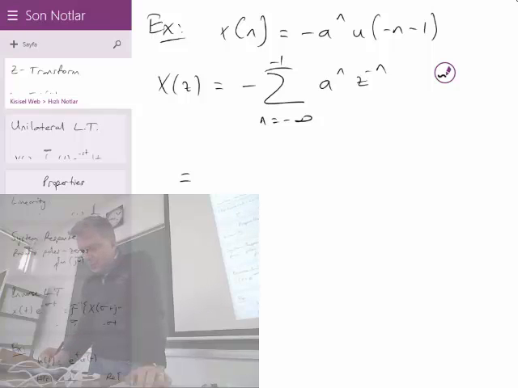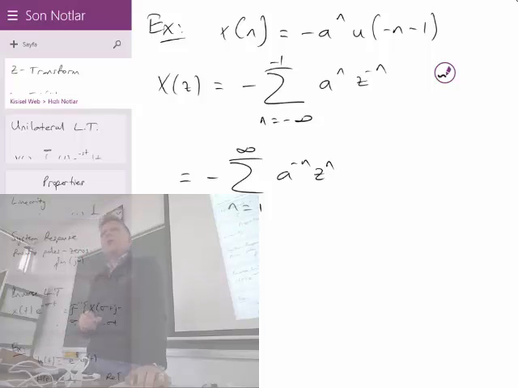And we can also write it as the sum over n from 1 to infinity by making a change of variables, n equal to minus n: a to the minus n, z to the n. Or if you're uncomfortable with using the same name for the changed variable, then you can say m is equal to minus n. It will be the sum over m from 1 to infinity, a to the minus m, z to the m. Okay? That is the same thing.